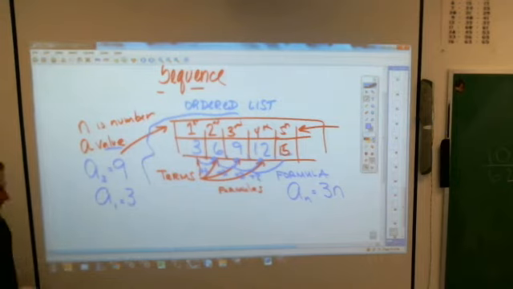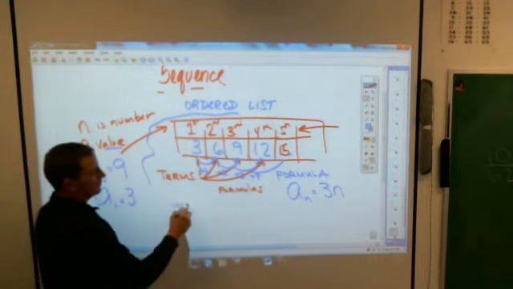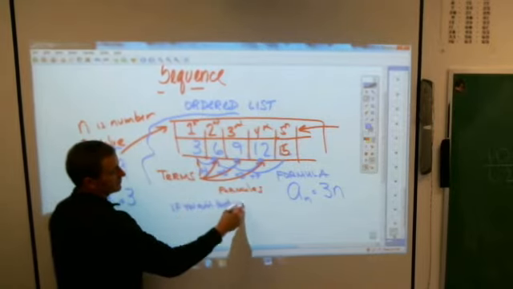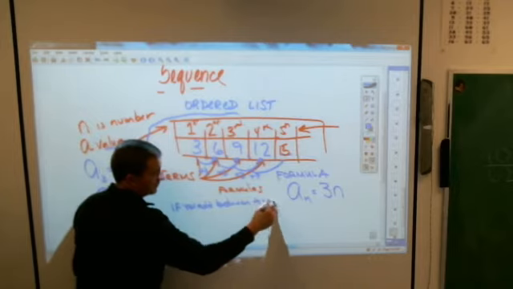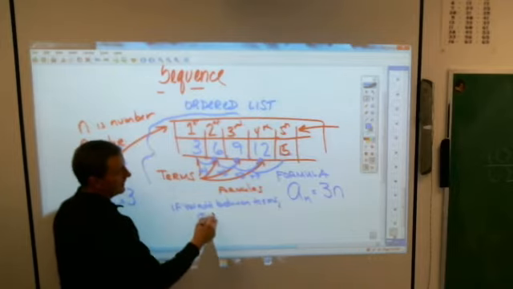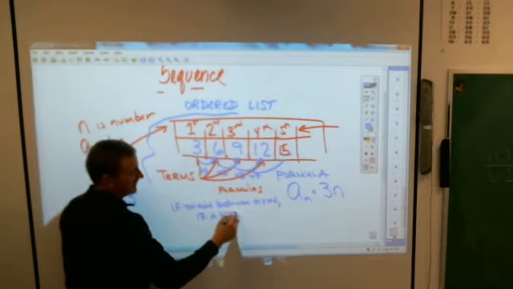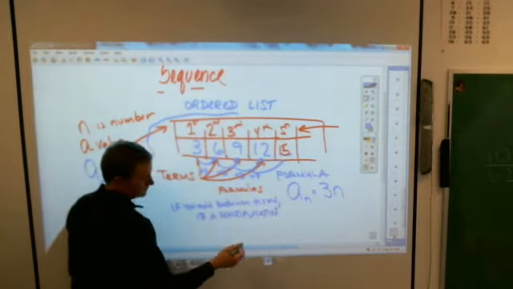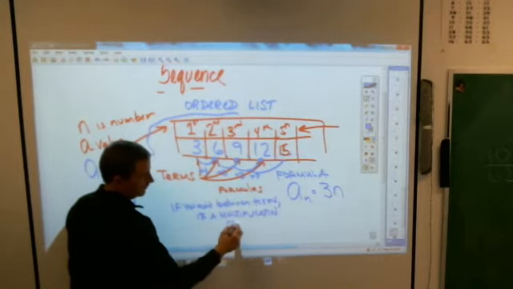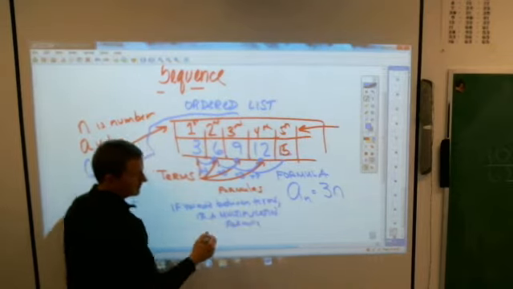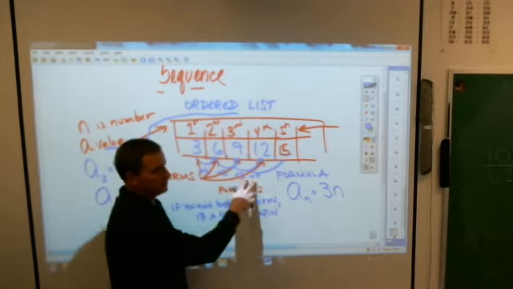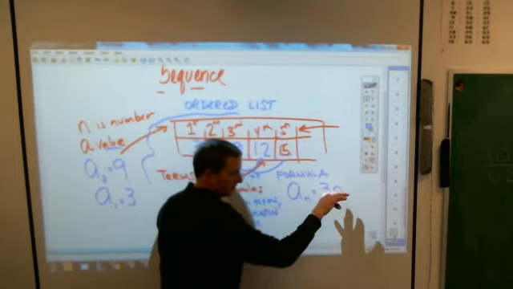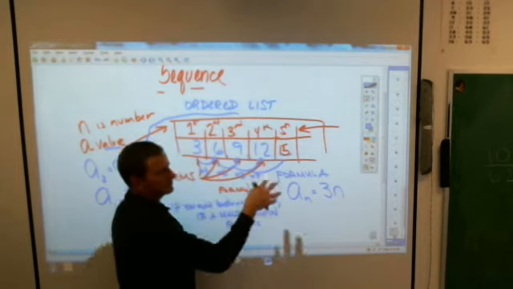Interestingly enough, if you add between terms, it's a multiplication formula. Even though we're adding between terms, our formula was 3 times n. People get a little goofy there because they see addition and think it should be addition, but it's not.